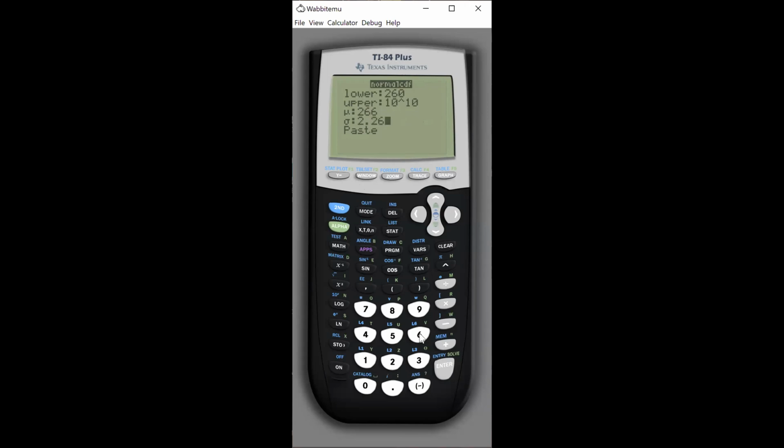Even though this wasn't a normal distribution, we still use the normal CDF function, because it passed the central limit theorem test.